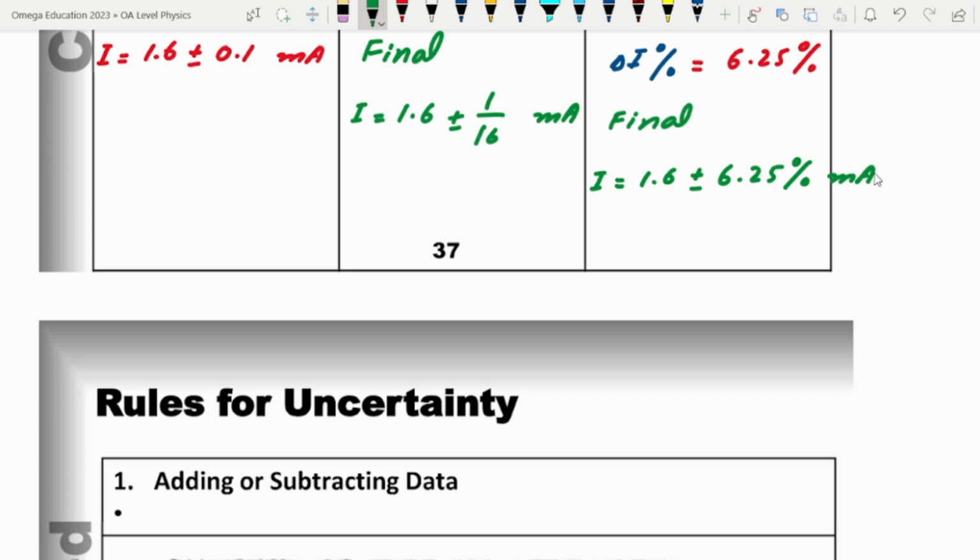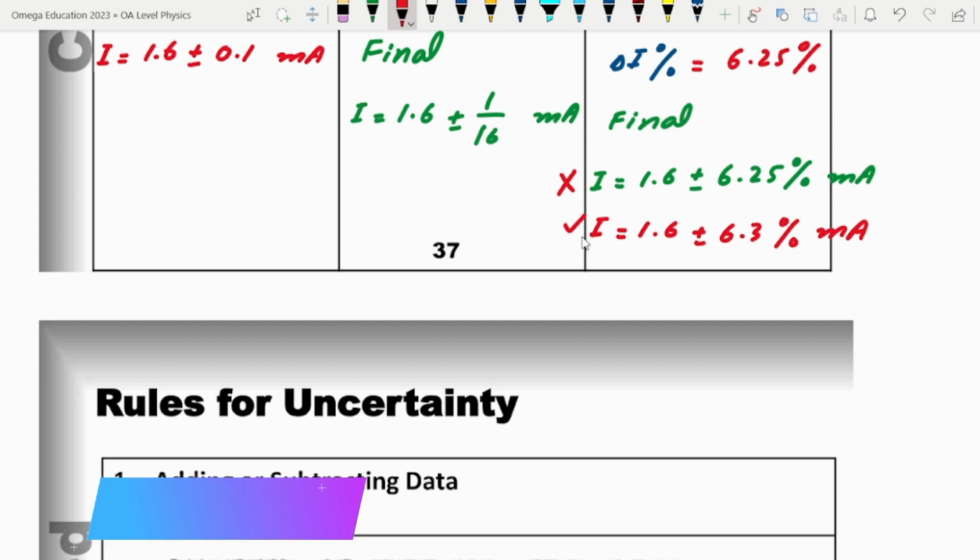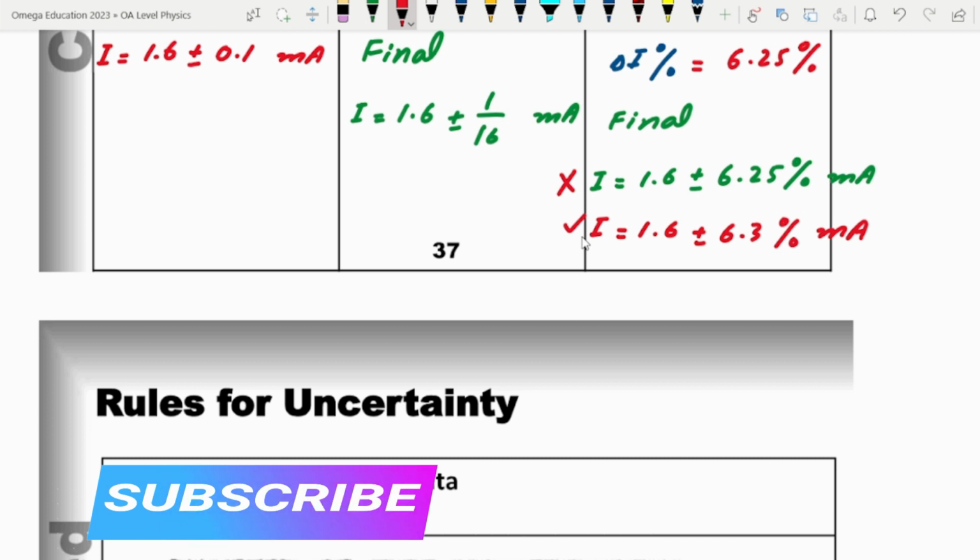I have not explained the rules right now, but what I can tell you is this would be written as 1.6 plus minus 6.3, so we have an equal number of decimal places, percent of current. So this one is the right answer, but the representation is wrong. And this one is the right answer as well as the representation is also right. But since I have not explained the rules, and there are some other rules also, I'll explain those rules in detail after we complete some other cases.